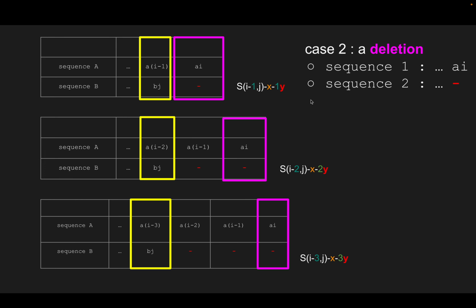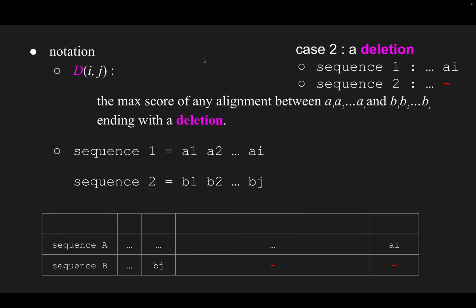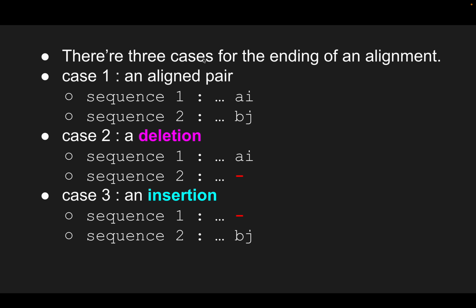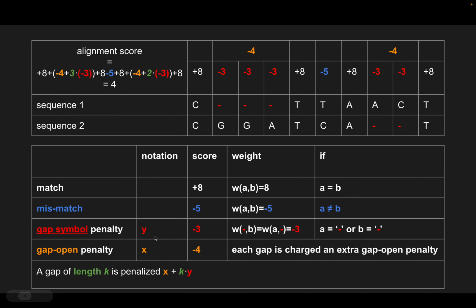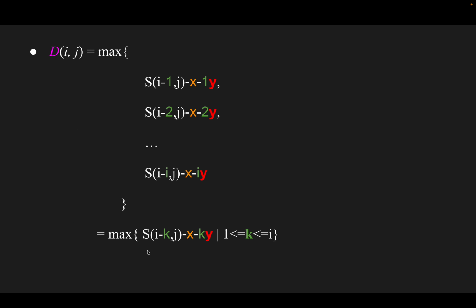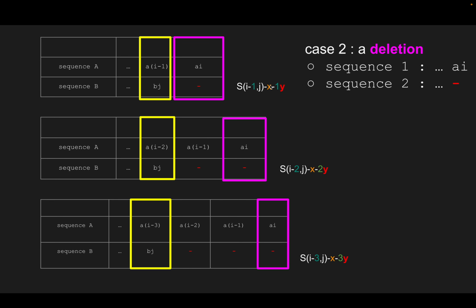And because the last one is a deletion, what's the score for deletion? Because it is a gap symbol, we have to subtract x and 1 times y.